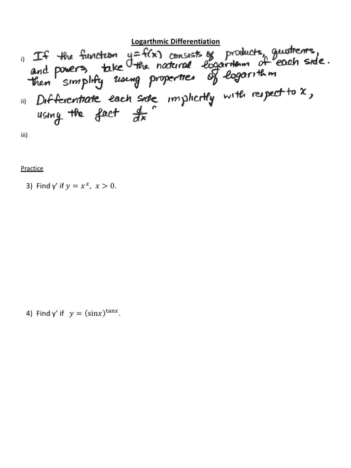Then we differentiate each side implicitly with respect to x using the fact that the derivative with respect to x of the natural log of y is equal to 1 over y dy dx.